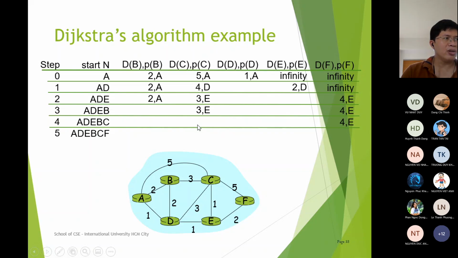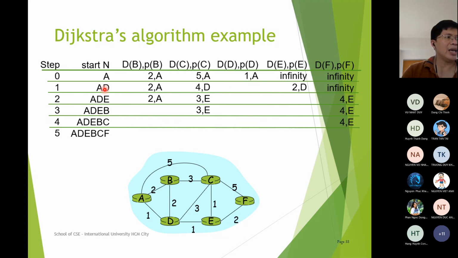Each column is for one node, and let's say we start from A. We try to update the path from A to B, A to C, A to D. You see that we update A to B, A to C, A to D, and E and F infinite. Based on this, you can see that we can find the smallest number to start with. So it means we start from D.